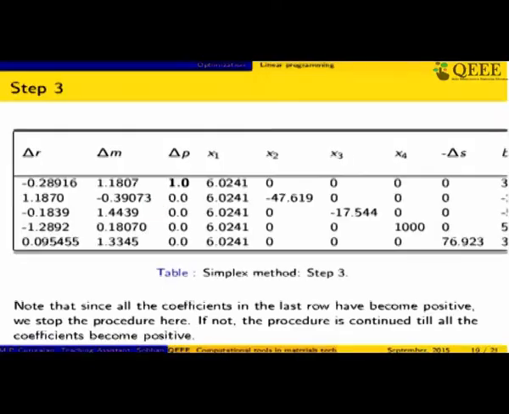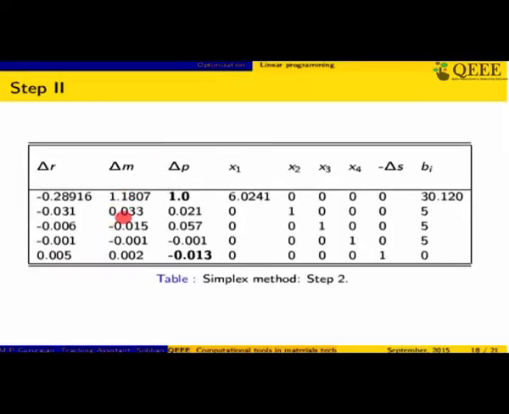That quantity is what will be put here. And similarly, 0.033 by 0.021 is some quantity. From 1.1807, subtract that quantity and put here. 0.021 divided by 0.021 is 1. 1 minus 1 will become 0. This is 0 divided by 0.021 is 0. So 6.021 minus that 0 is basically 6.02.